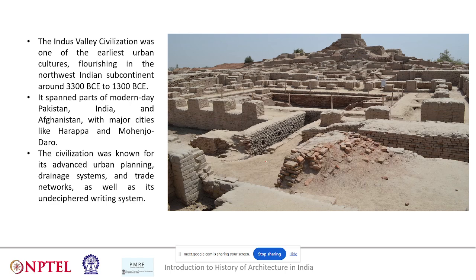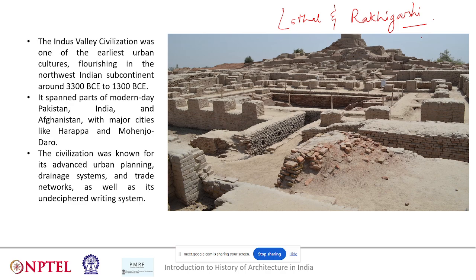It spanned several parts of present-day Pakistan, India, and Afghanistan, where major cities like Mohenjo-daro, Harappa, and even Lothal and Rakhigari were located. I'll just write the names: Lothal and Rakhigari. These are the sites which are excavated in present-day India.